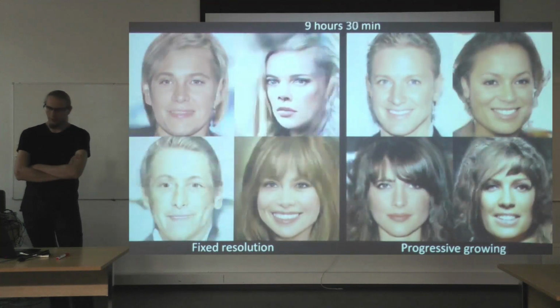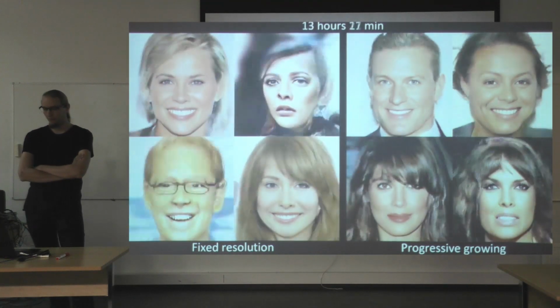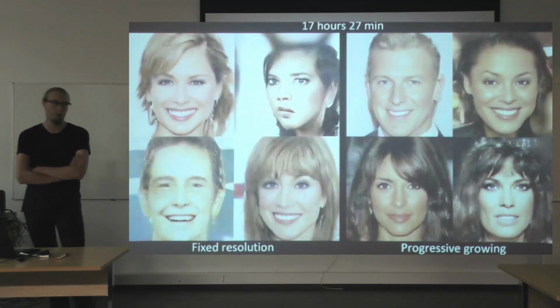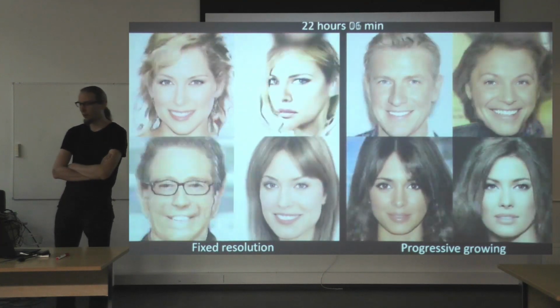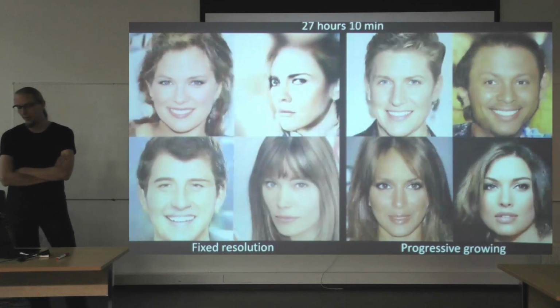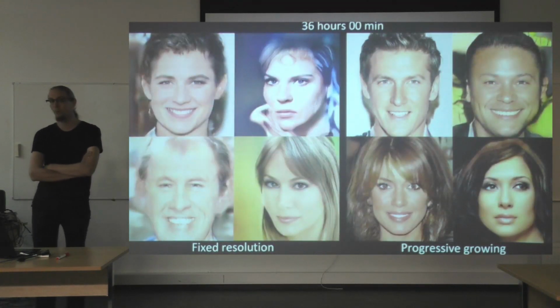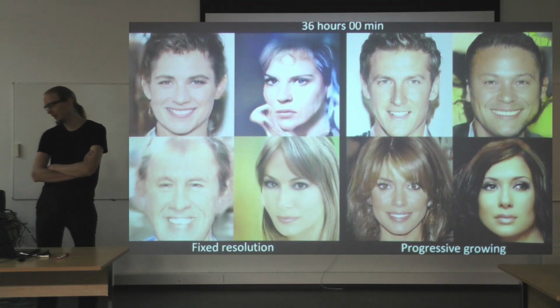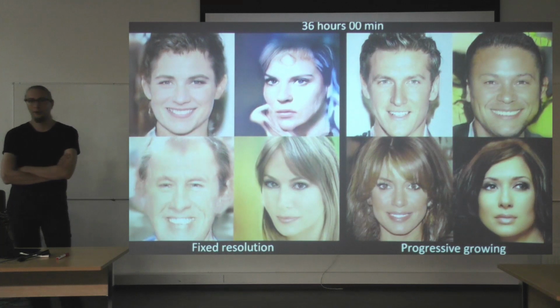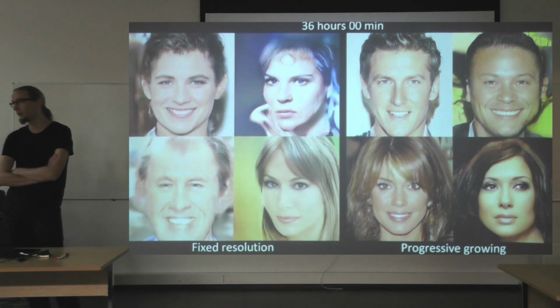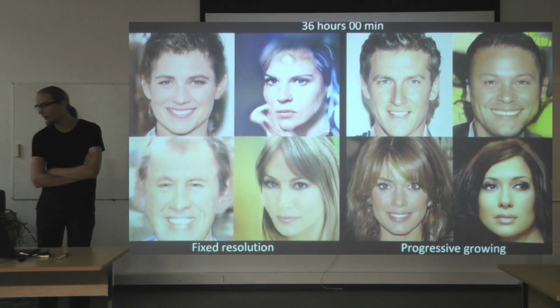So looking at the video, I would say that with fixed resolution, the progress is somewhat chaotic, and it's not always clear whether the images are improving at all. It's like a dog chasing its tail. But with progressive growing, the images stay reasonable all the way through, and there's a clear tendency towards better and better looking images.